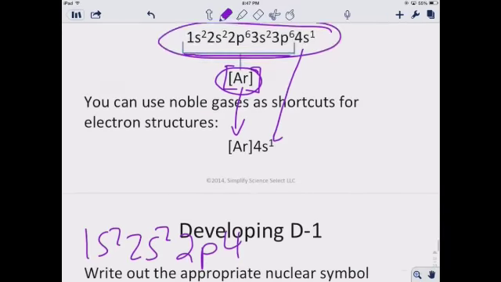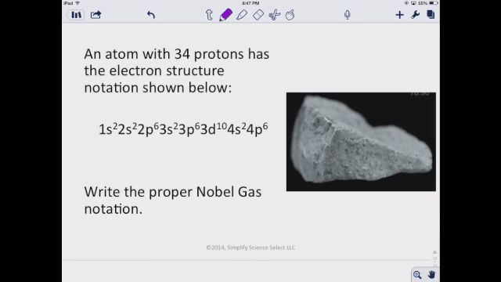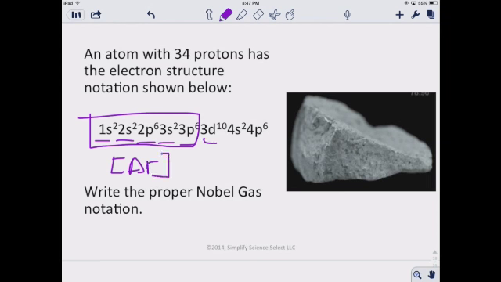And so if I wanted to write the shorthand version of this, I could take the first 18 electrons, which is 1, 2, plus 2 is 4, plus 6 is 10, plus 2 is 12, plus 6 is 18. So I could take all of this out and just write Ar, and then just put the rest of this right down there.